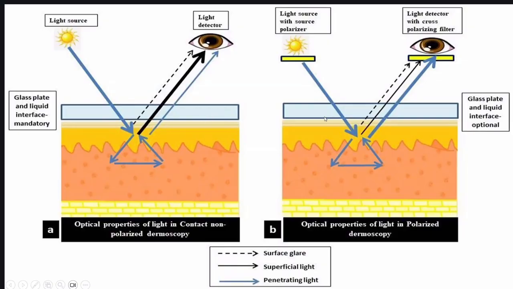In the polarized version, the deeper structures are seen better. You can see here the black one, that is the superficial depth. You can see the epidermis very nicely in non-polarized settings, and in polarized it is the deeper, a little dermal lesions that can be seen better.